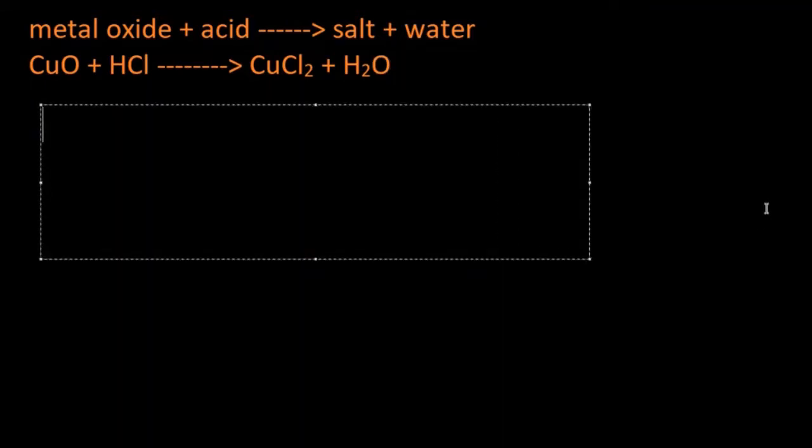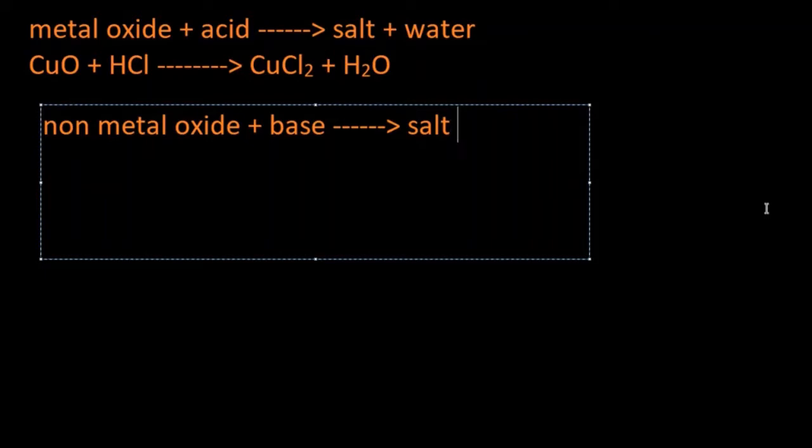The second reaction is the reaction between a non-metal oxide and a base. Now that also gives us salt and water. An example of this, we have seen earlier already, is carbon dioxide plus calcium hydroxide, that is lime water.